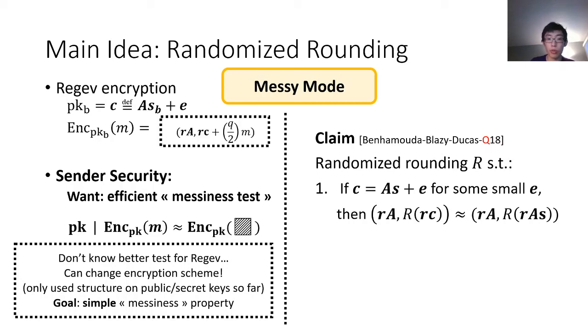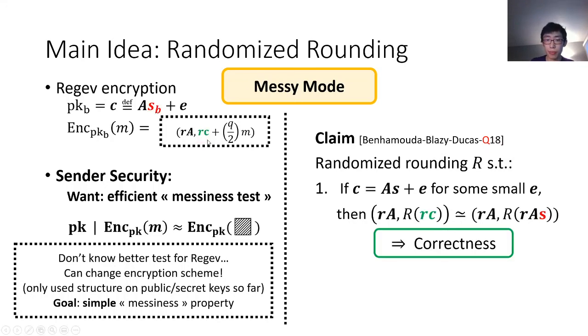And what does it mean? Recall that in the real Reggae encryption, the masking factor was R times C. So here what we're saying is that this masking factor can be recovered using R times A and the secret S. So that's a correctness property.